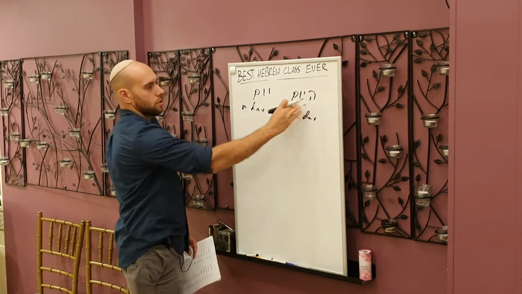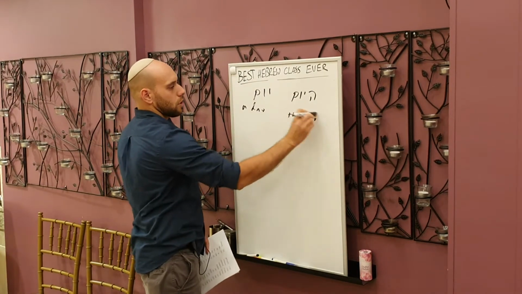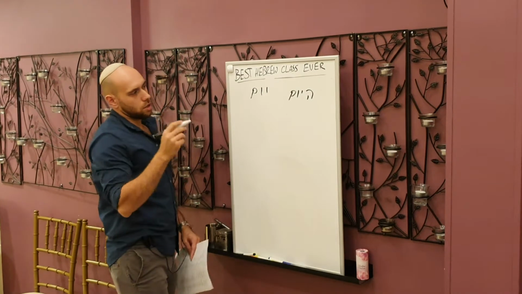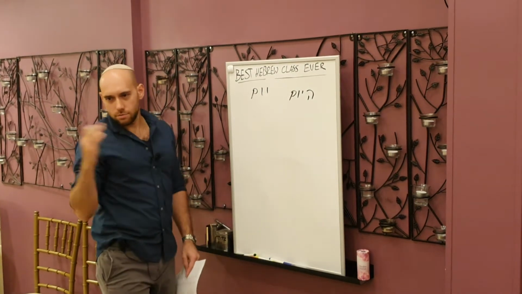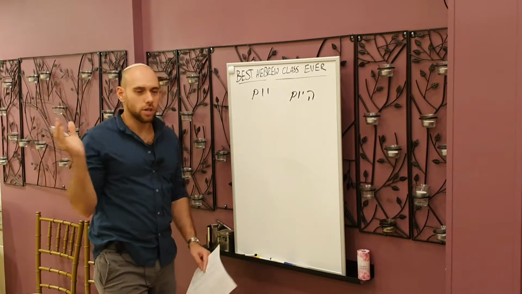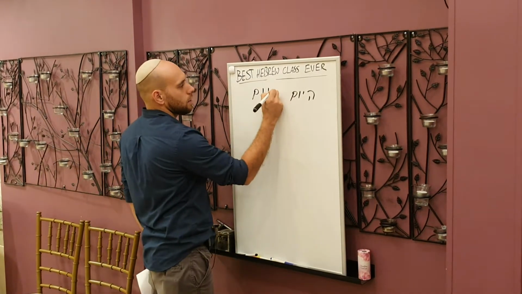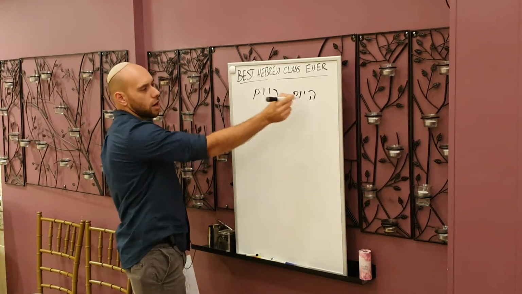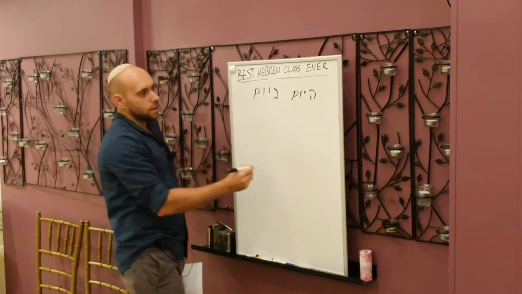Hayom. So what happens if I want to say on a day? I don't know which day, one day, someday, on a day, right? I can say beyom, right? What if I want to say on the day, on that specific day?